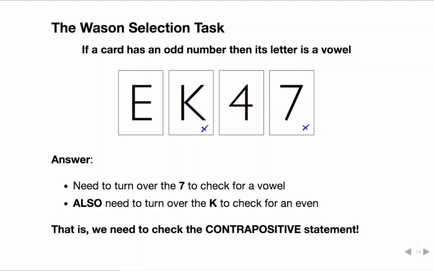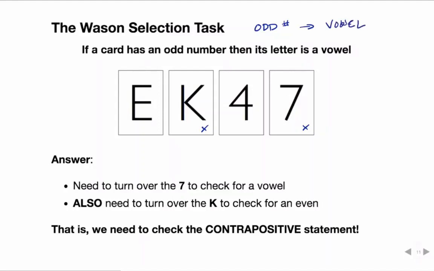What we're really saying when we say we need to turn over the K is that we need to check that the contrapositive statement is satisfied for this set of cards. The original conditional we can write, in bad shorthand, as: if odd number, then vowel.